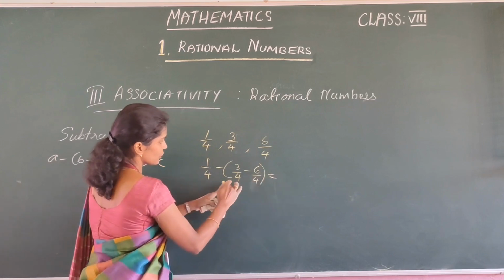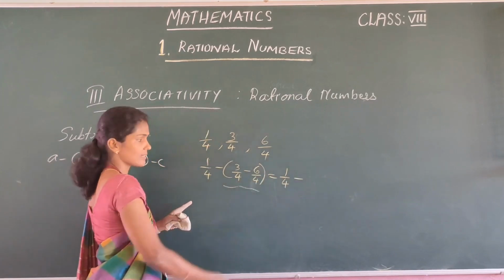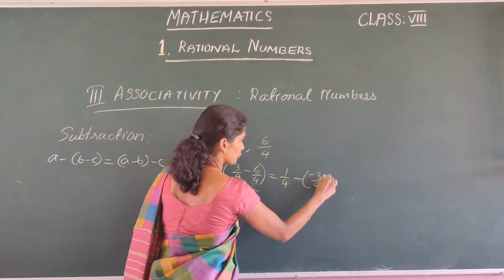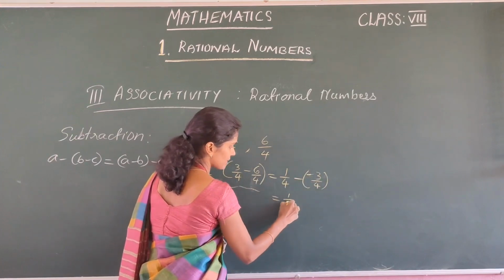What is the result? You do this first. 3 minus 6 equal to minus 3/4, since the denominators are same. This is minus of minus, that is plus.